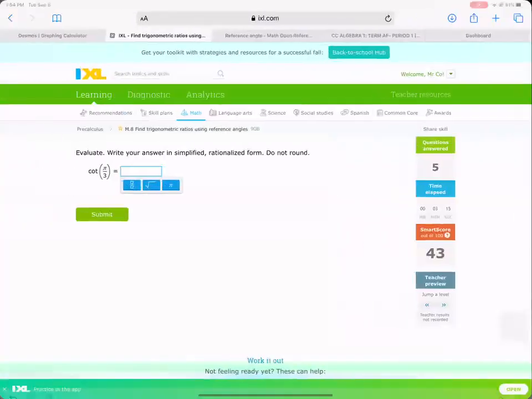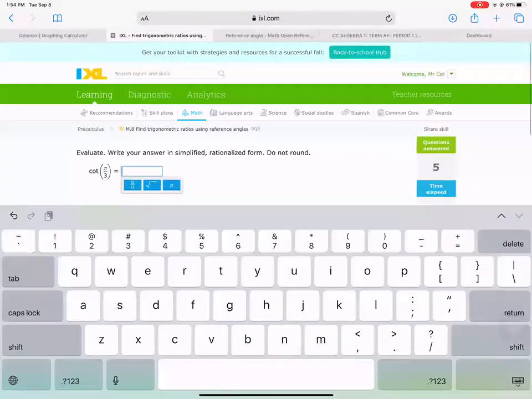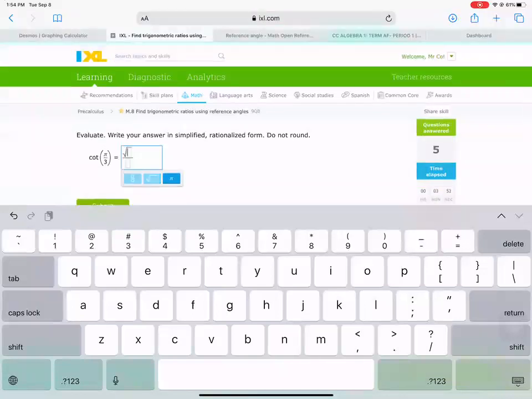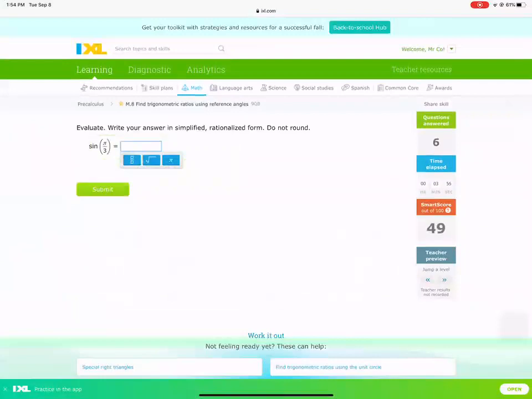And the cotangent of that is adjacent over opposite, 1 over square root of 3. We're not allowed to just leave the square root of 3 on the bottom, so we rewrite it. Square root of 3 over 3. I'm almost there, okay?